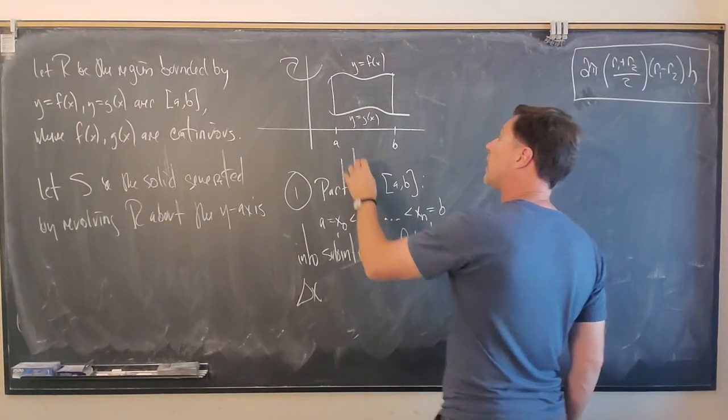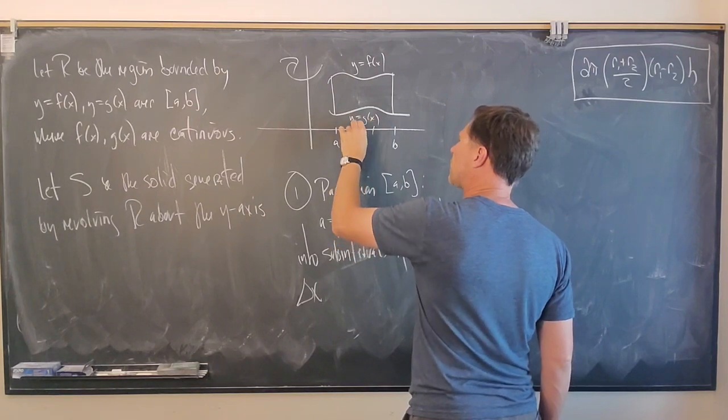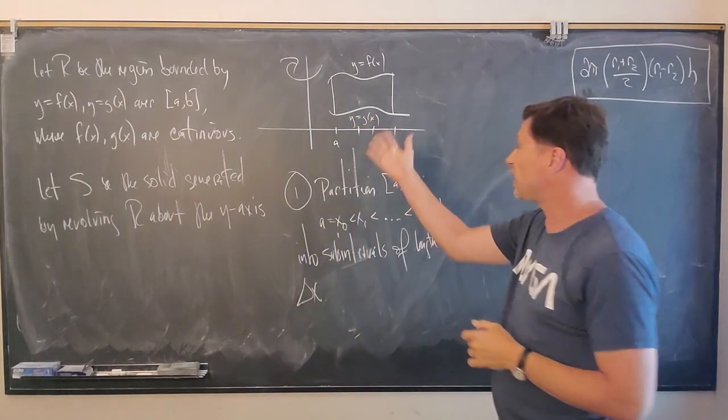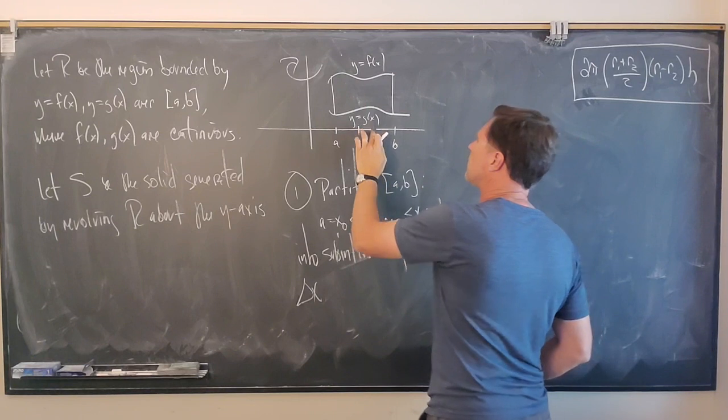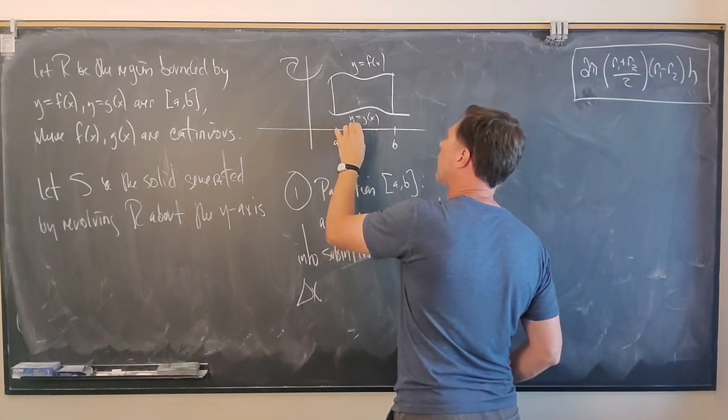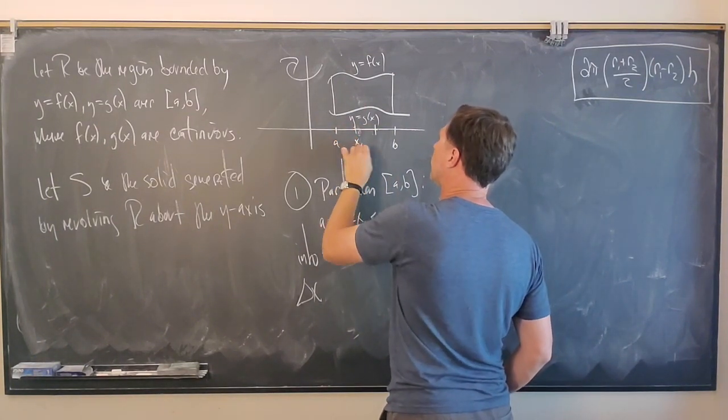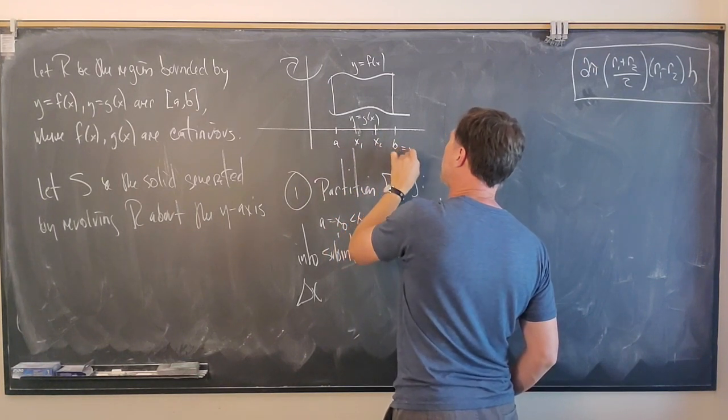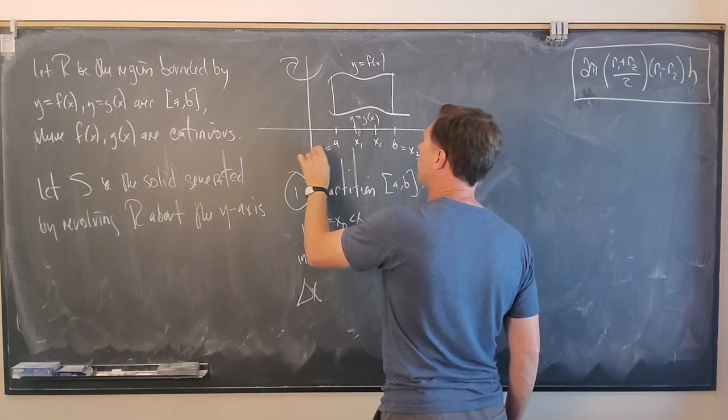So what are we doing then? We're chopping the interval, in this case, into 3 separate pieces. These are supposed to be equal length, so let's do a better job there. Something like that. So there's an x1, there's an x2, b is x3, and a is x0.